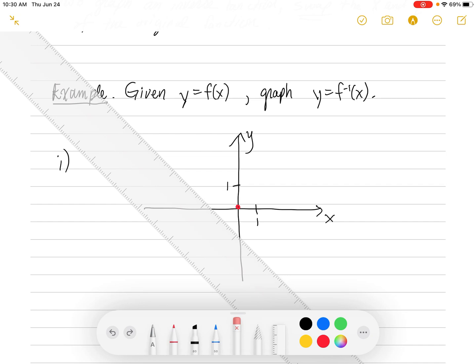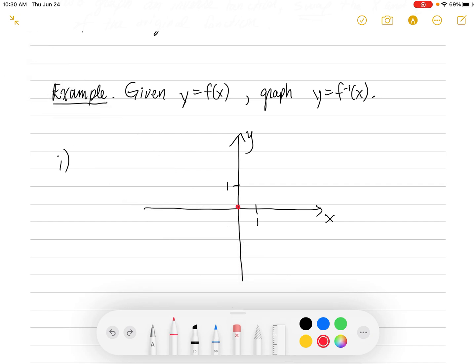Let's redraw this a little bit. I should go up to 4 here. Okay, let's say this is my original function, y equals f of x.